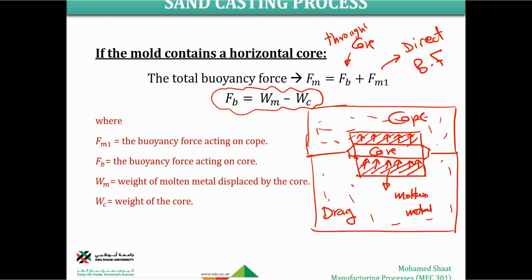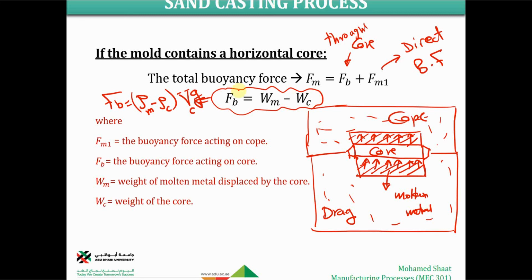So we can easily end up with a very simple relation: FB can be written as the density of the molten metal minus the density of the core, times the volume of the core, times g, which is the gravitational acceleration, to end up with a force, a weight, right? Because the volume of the core is going to remove metal equivalent to its volume.